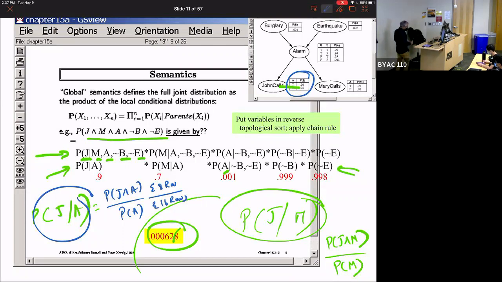And the equivalent of this exists in logic too. Let me show you that.